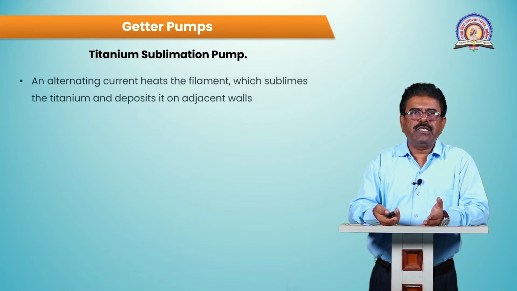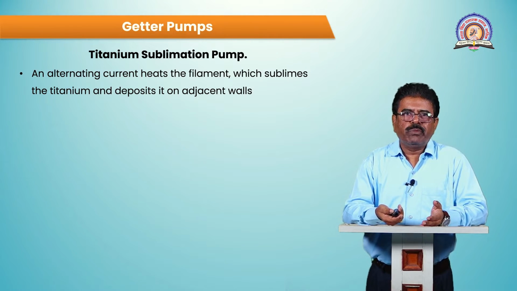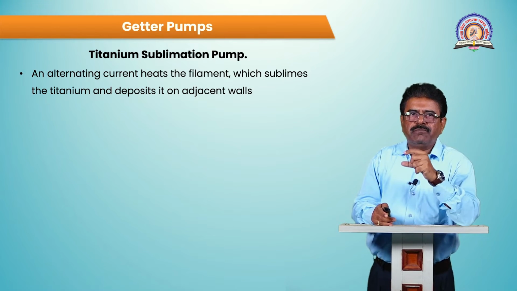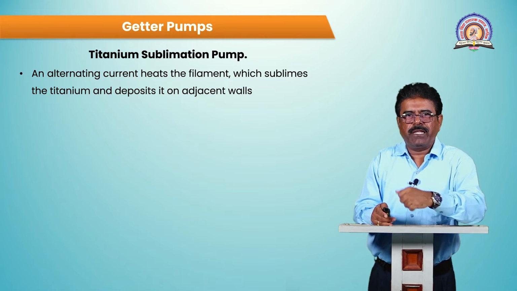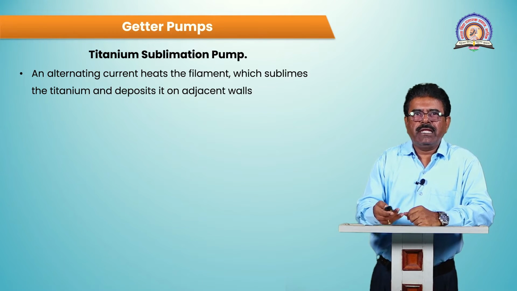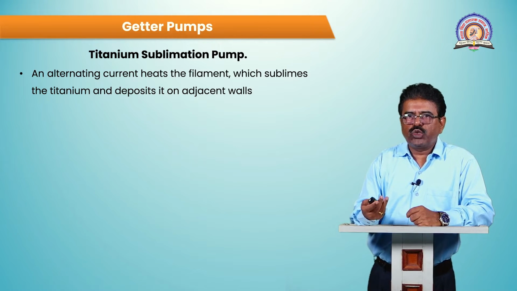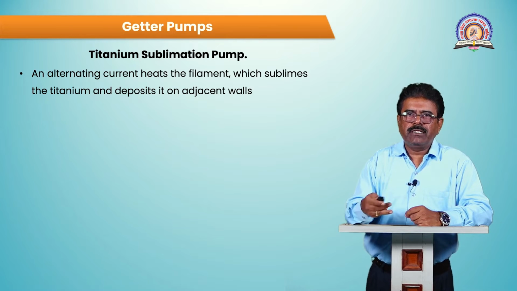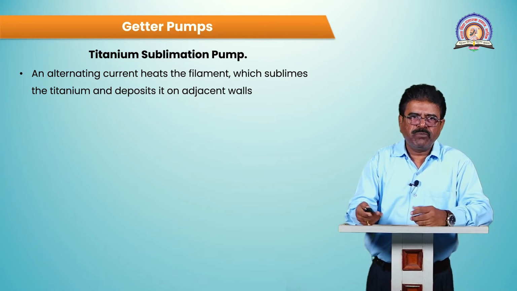So let us see how this titanium sublimation pump works. Basically in a titanium sublimation pump, there is a bar or a filament made of titanium material, and this titanium material is electrically heated by an alternating current source, and when it is electrically heated, the material will get sublimated. Sublimation, you know, is when something is heated and directly converted into gas or vapor.